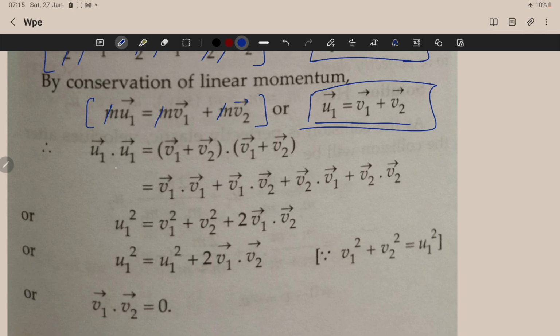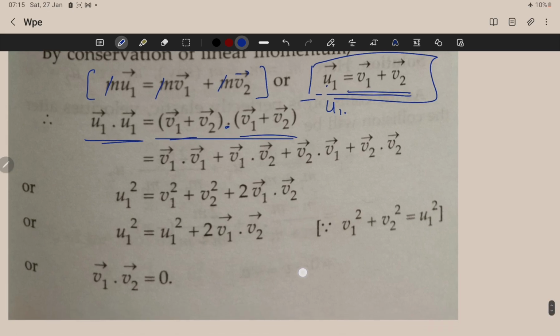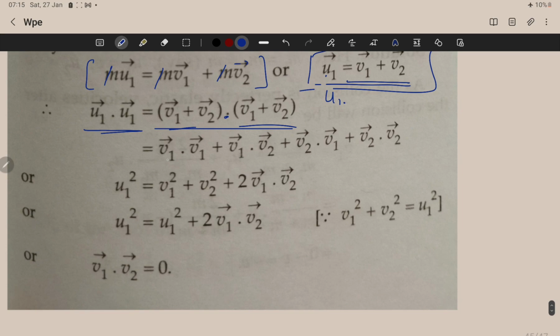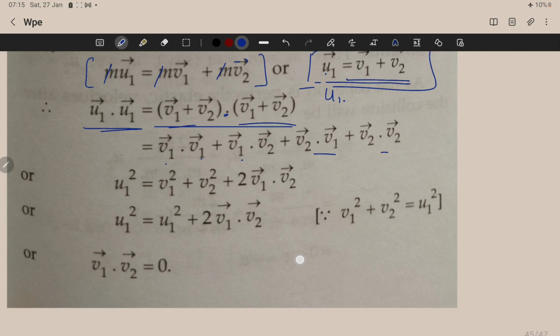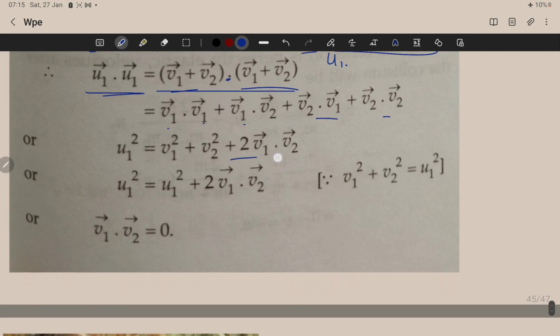If we do the dot product of the u1 vector with itself, this becomes the dot product of v1 + v2 with itself. Then v1 dot v1, v1 dot v2, v2 dot v1 and v2 dot v2, so the cross terms become 2 v1 v2.